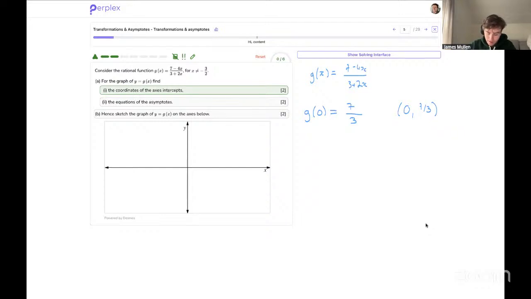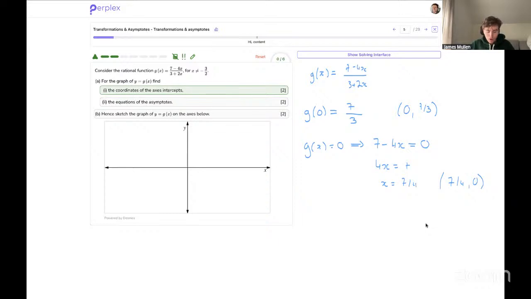Now, to find the x-intercept, I'm going to say g of x is equal to 0, and that means that the numerator is equal to 0. 7 minus 4x is equal to 0. Now, that means that 4x is equal to 7, or in other words, x is equal to 7 over 4. Again, putting that as a coordinate, that gives me (7 over 4, 0). So that is my answer for part AII.